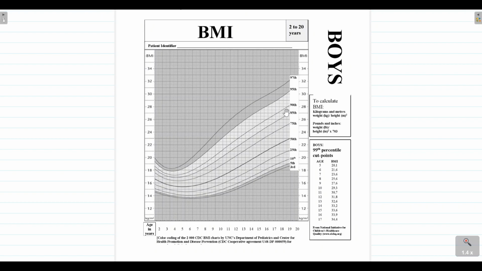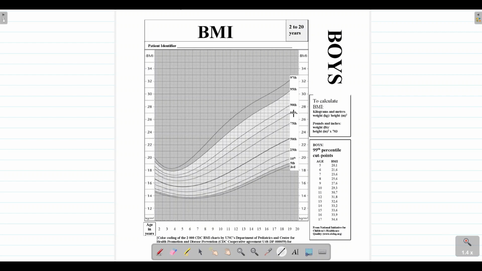Okay, so if we already know that the maximum percentile is the 85th percentile, what would then be the body mass index for the 85th percentile, right? So here we are just going to read off the BMI value from your y-axis here, right?